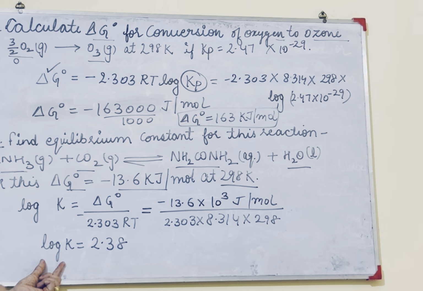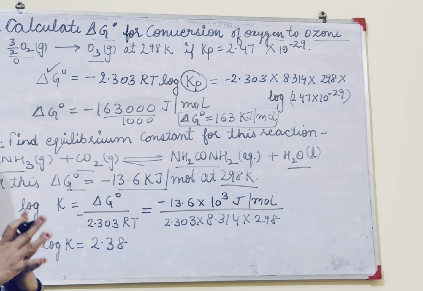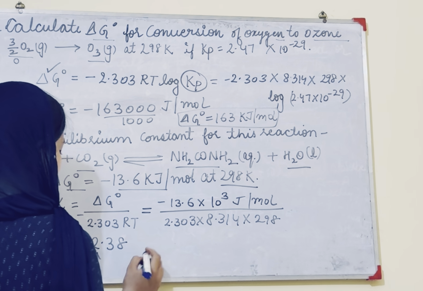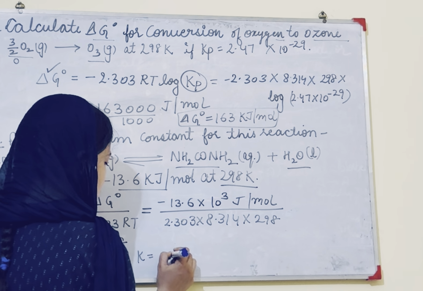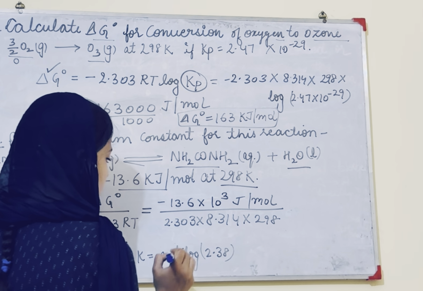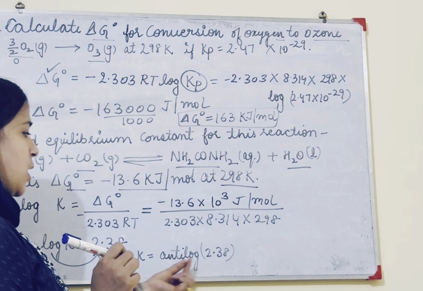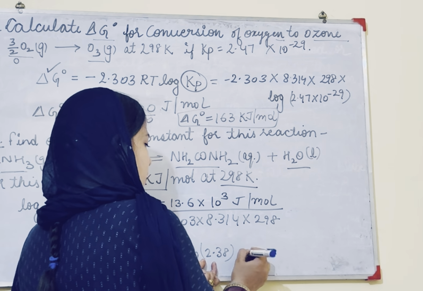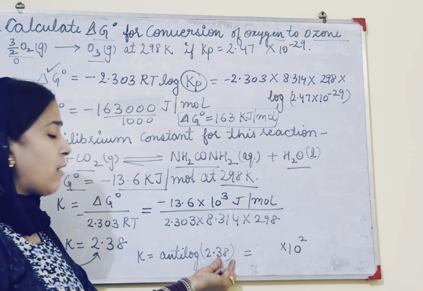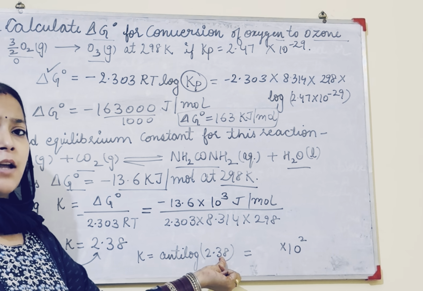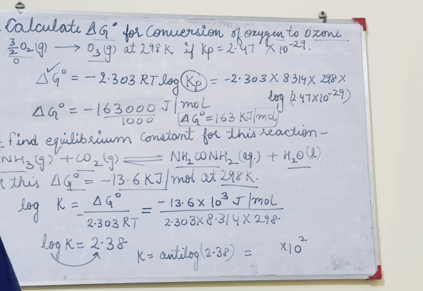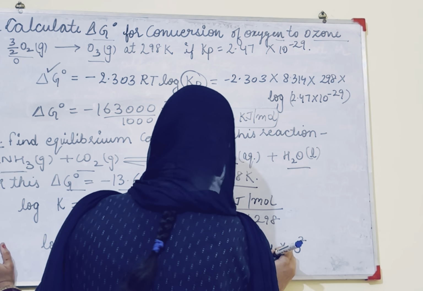2.38. Now here the log K, we know the value, we have to find the value of K only, not log K. If we want to take antilog here, then we will write K is equal to antilog 2.38. To solve this, consider 10 raised to the power 2 and check the antilog of 0.38 in the antilog table and you will get the answer 2.4.